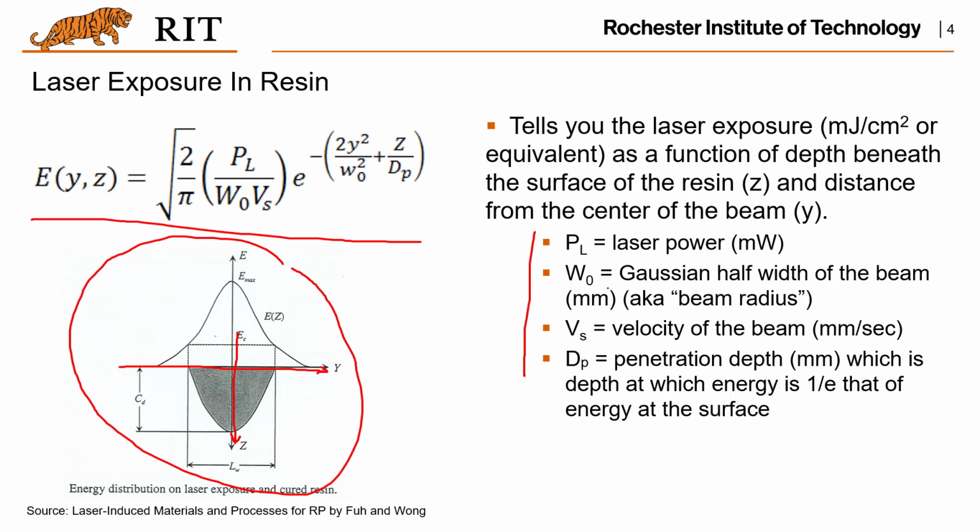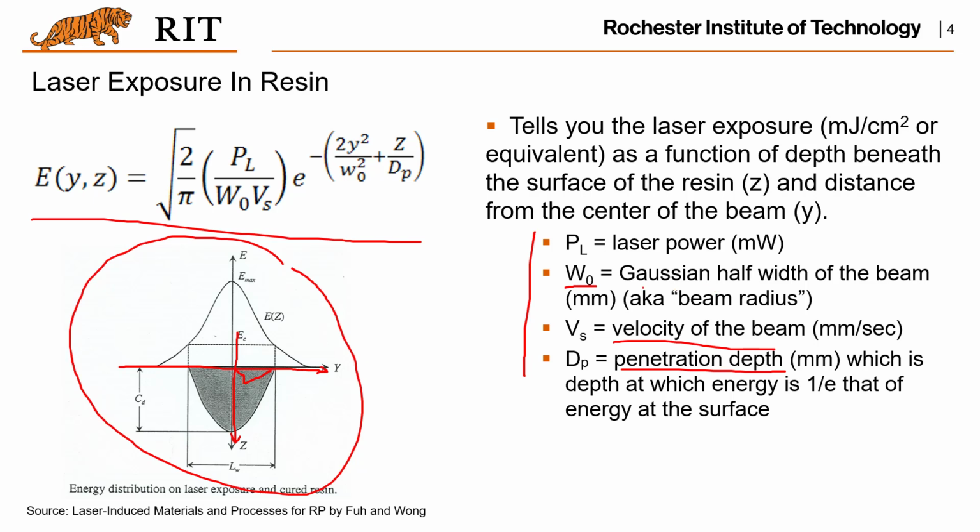The laser power, the Gaussian half width of the beam, which represents this width, also the velocity of the beam and the penetration depth. Basically, for this Gaussian-like shape, let's look at this W0.